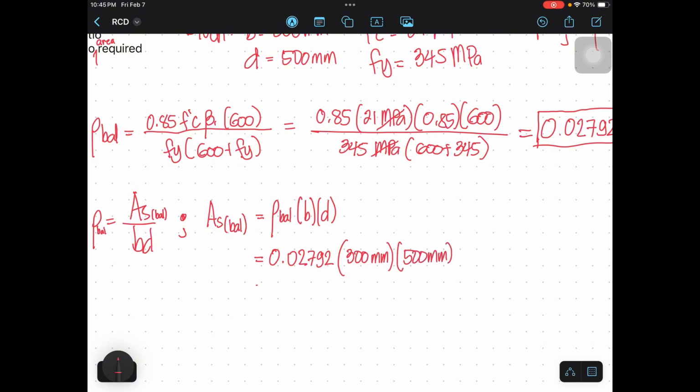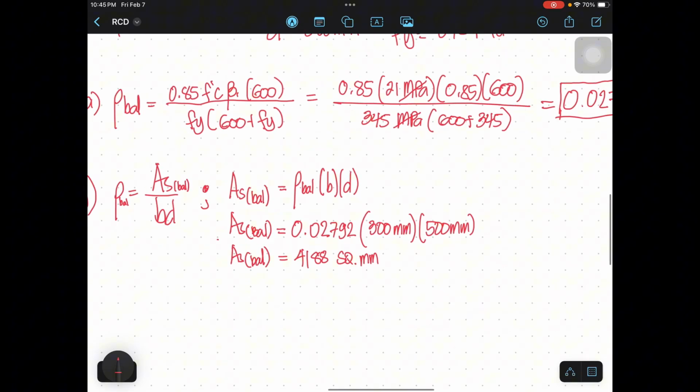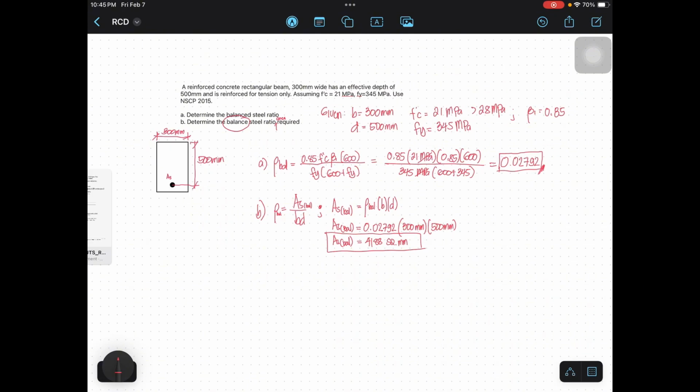Okay, so we will have 4,188 square millimeter As balanced condition.